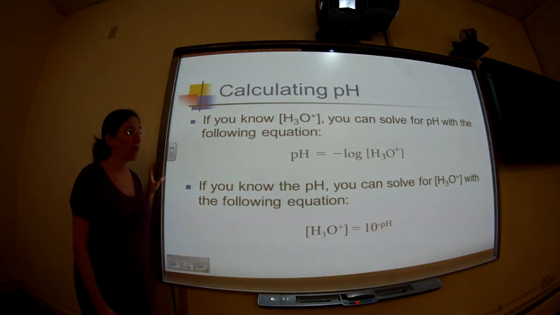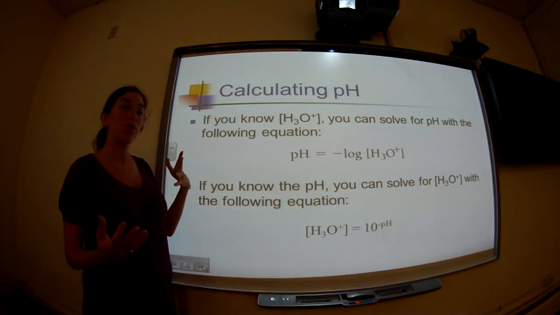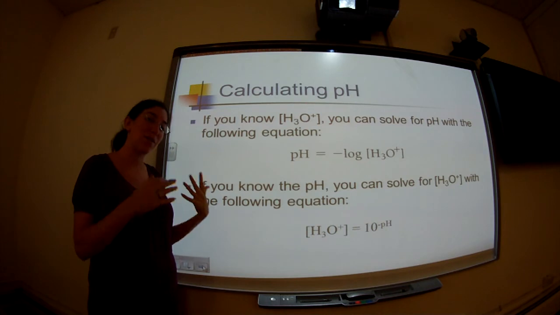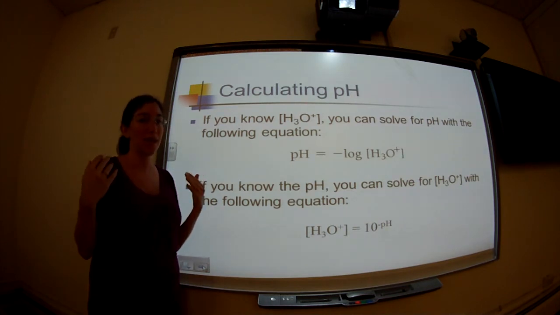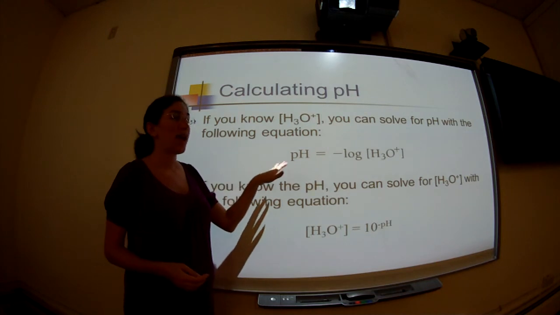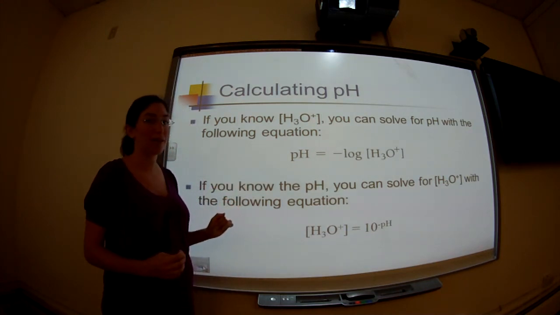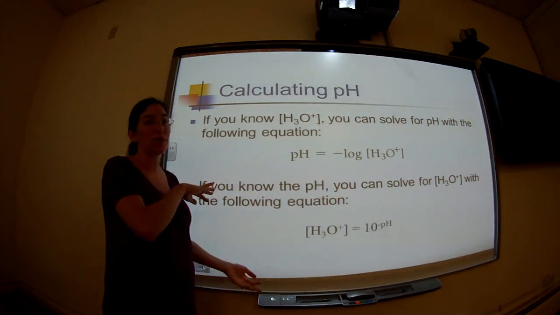So now we're going to do a little bit more math with this equation. So how to calculate pH mathematically. We just did a problem where we sort of estimated it using the pH scale, but now we're going to actually be able to calculate pHs using hydronium ion concentration, and vice versa, doing the flip.